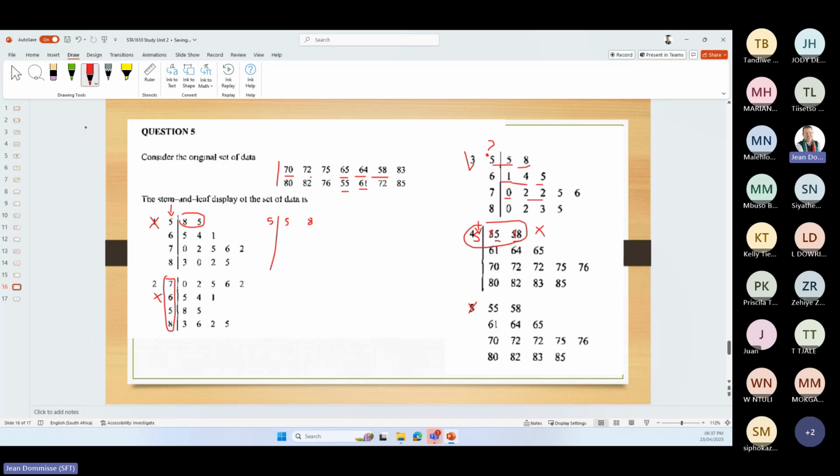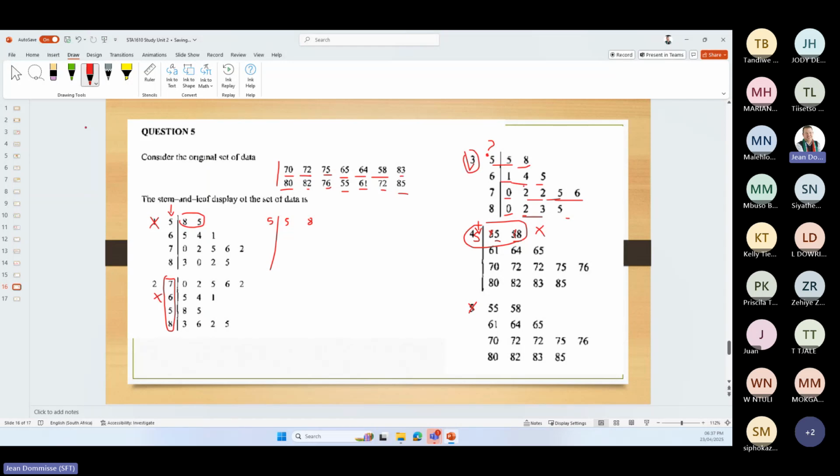So 2 72s, there's a 75, there's a 76, there's an 80, 82, 83, and 85. Okay, so it is definitely option 3 that is the correct one.